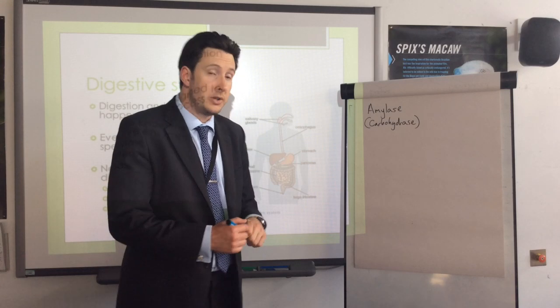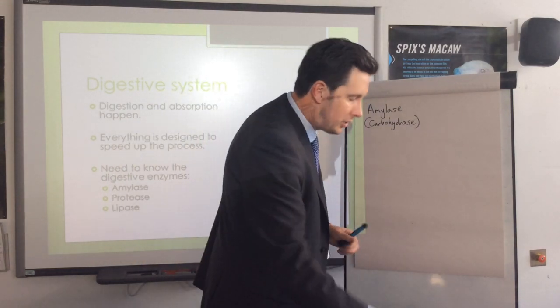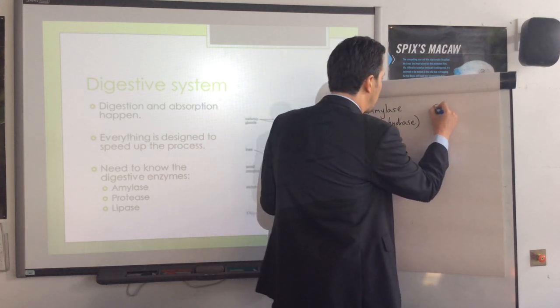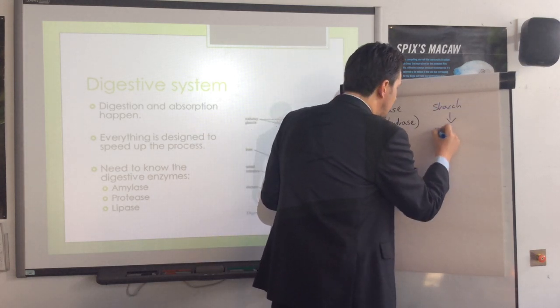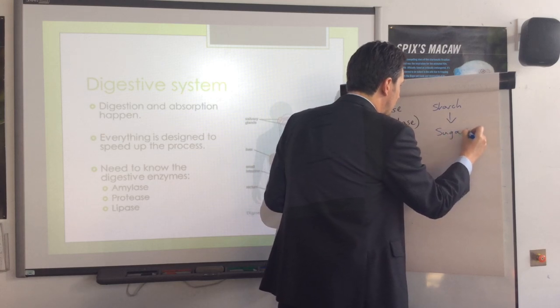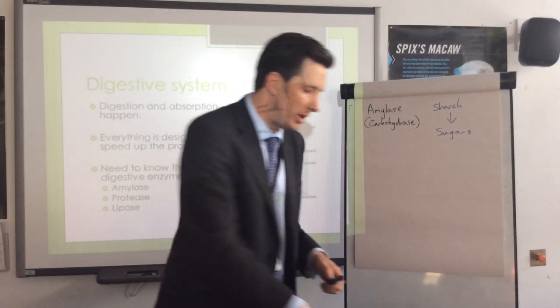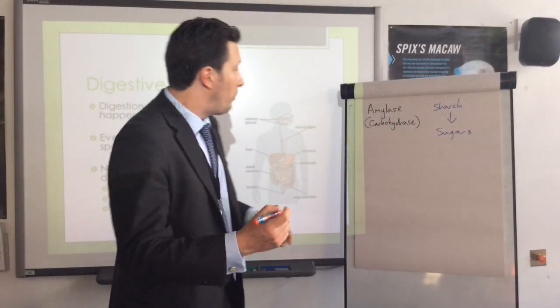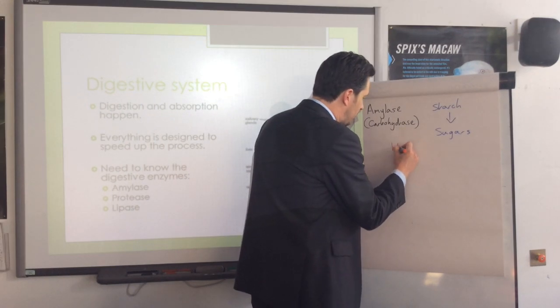Amylase is a carbohydrase. What it does is it breaks down starch into sugars. So it breaks down the starch that you eat in the food into sugars. And sugars can be absorbed through the intestines into the bloodstream. And where it actually starts working is in the mouth.